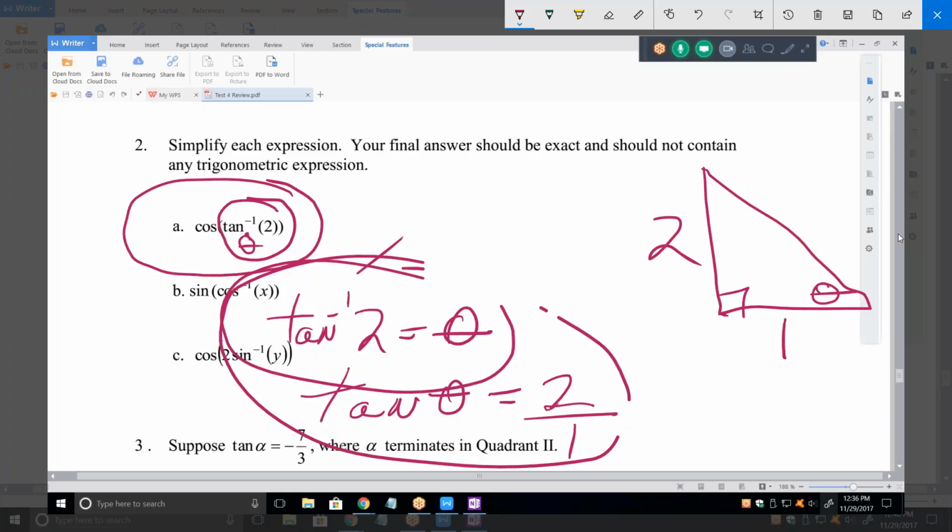That's why I tell everybody that we take trig functions of angles to get ratios, not to get numbers, but we're always getting a ratio. And we take inverse trig functions of ratios to get angles. Well, 2 is not a ratio, but 2 over 1 is a ratio. So you have to make it a ratio. Once you make it a ratio, now you can dimension the triangle. What's the hypotenuse?